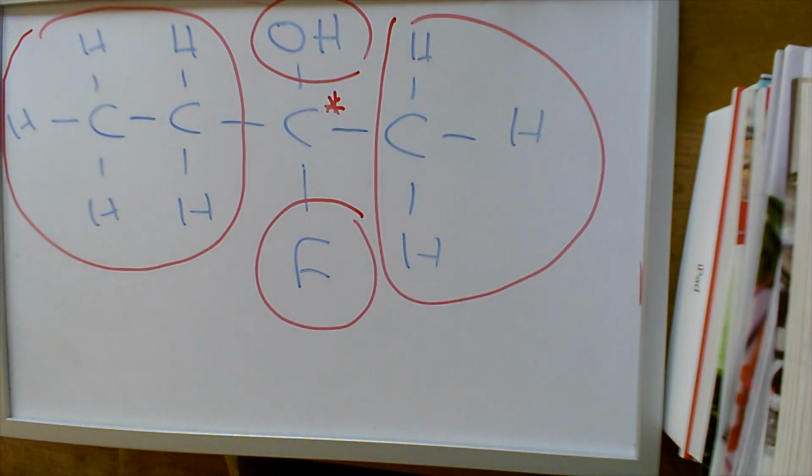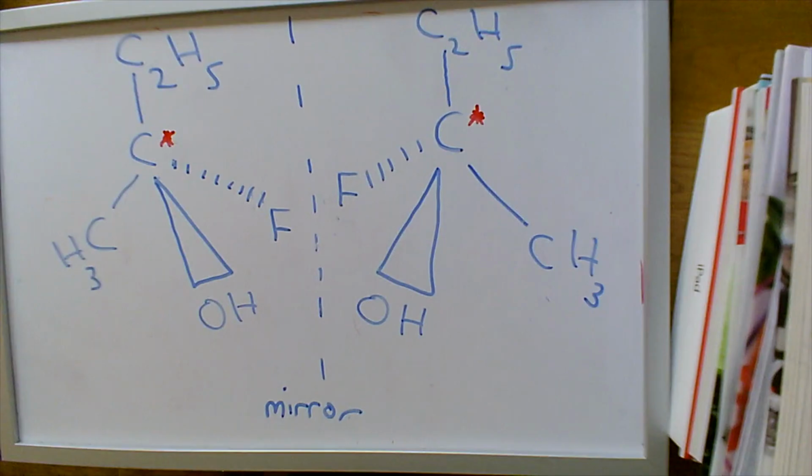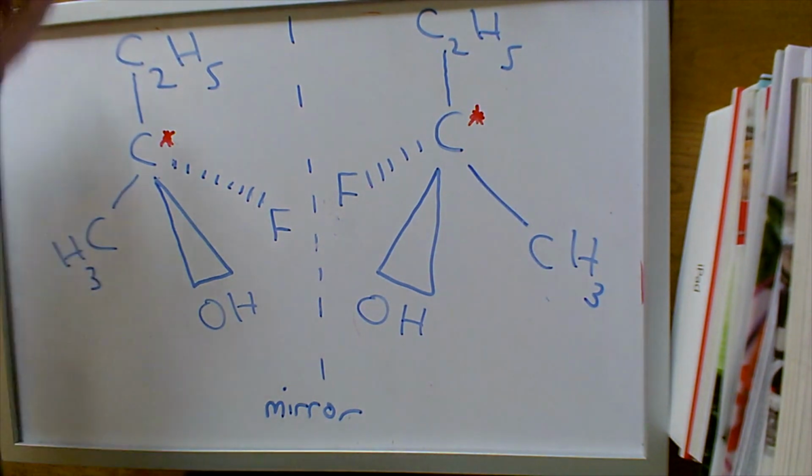And because I've got one chiral center, a pair of enantiomers, a pair of optical isomers, will exist. Now this is how I would represent the mirror image forms of each other, the 2 optical isomers that exist because of the chiral center. And one optical isomer would rotate light to the right, and I'd call that the plus form, and one to the left, and that would be the minus form.